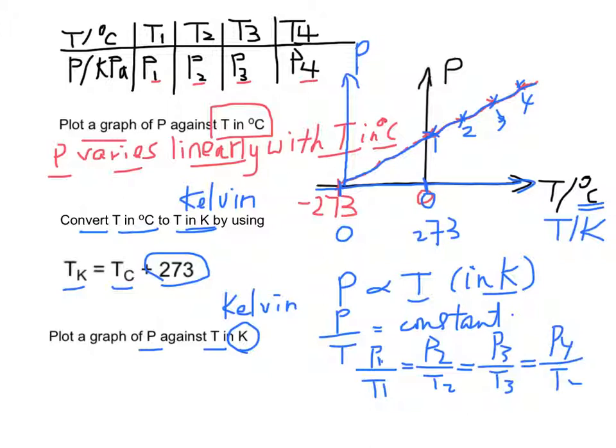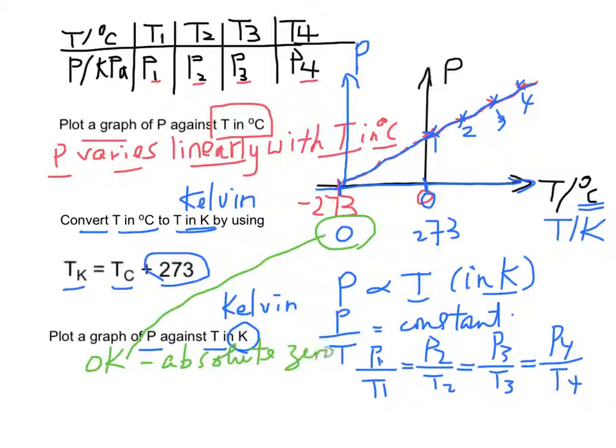Notice that the temperature 0K is called absolute zero, because at this temperature the pressure of the gas becomes zero.